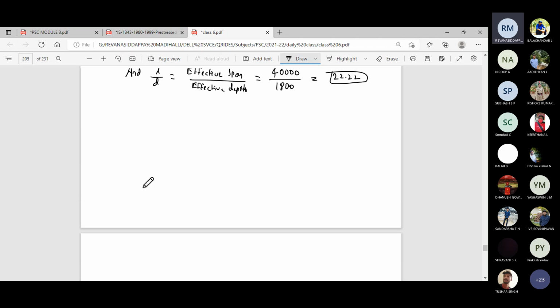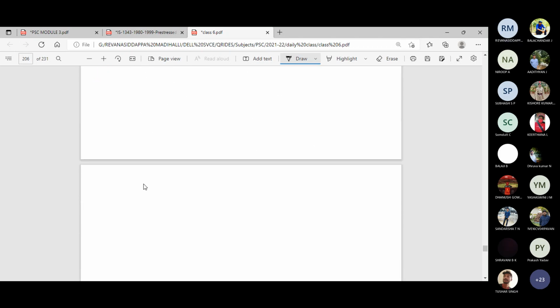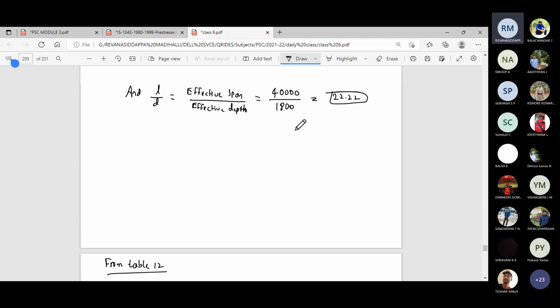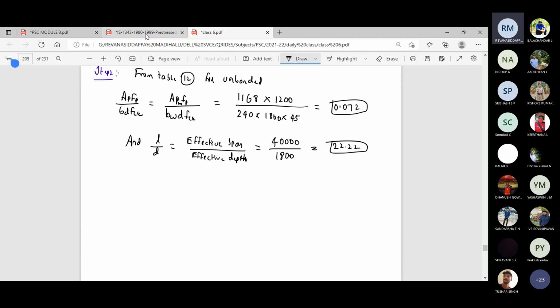Now from table 12, write it in table form. In the row, I'll take APW FP divided by BW into D into FCK. We want this ratio as 0.072.